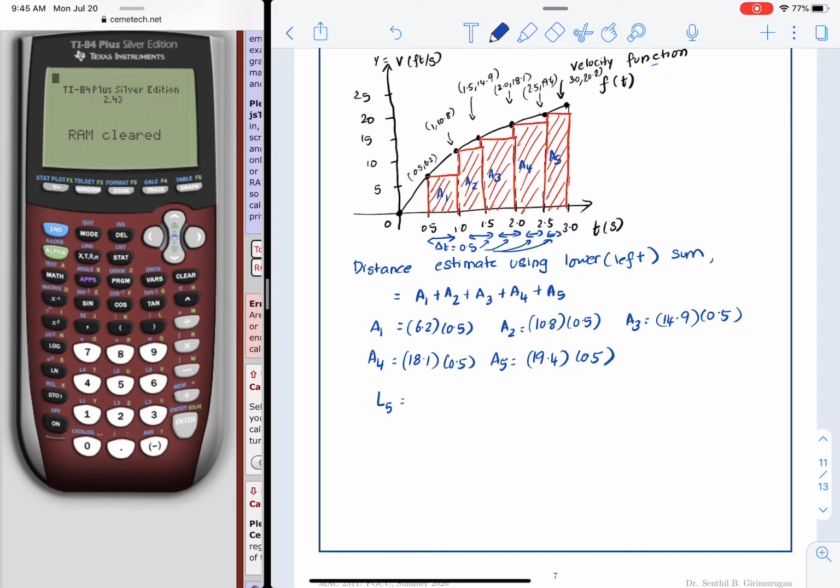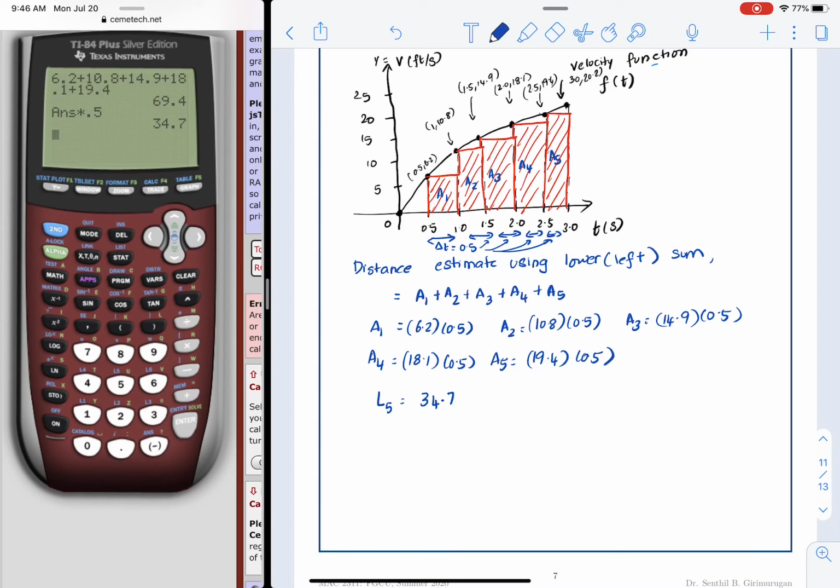If I add those values, let's make use of a calculator. Since we used 5 rectangles, I'm going to call it L5. So 6.2 plus 10.8 plus 14.9 plus 18.1 plus 19.4. Multiply all of those by 0.5, and the distance is 34.7.